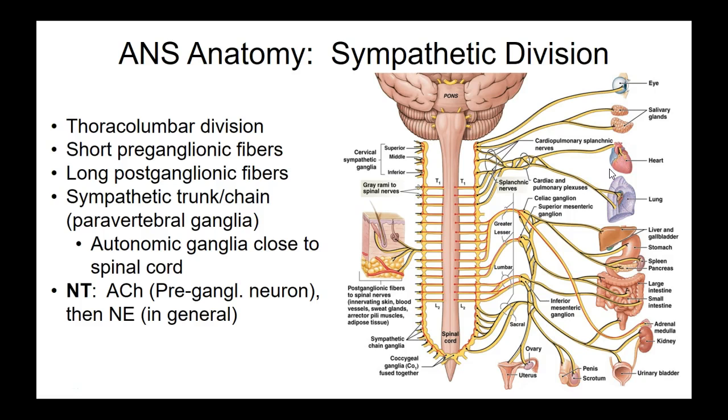length. Okay? So here, once again, just to re-emphasize this, the neurotransmitter from the preganglionic neuron, whether we're sympathetic or parasympathetic, is still acetylcholine.